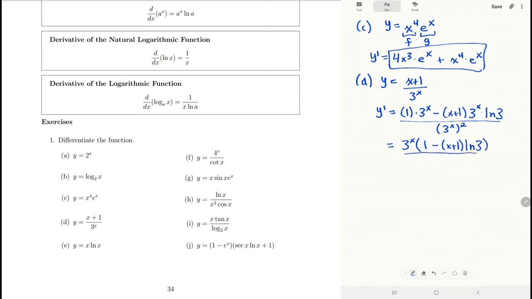And this is all over 3 to the x squared. So now we can cancel one factor of 3 to the x. And so we are left with 1 minus x plus 1 times the natural log of 3, all over 3 to the x.